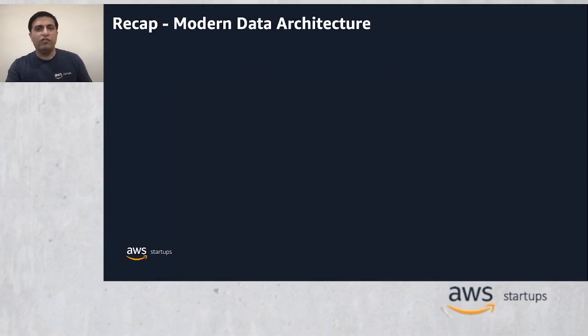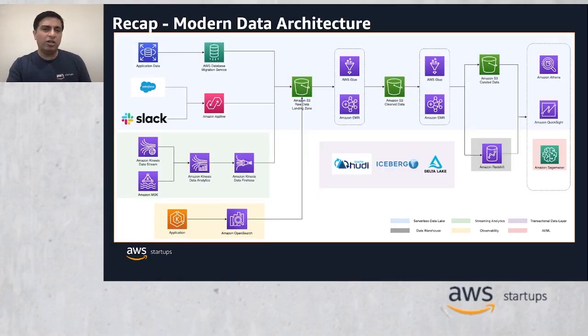In the previous video of Analytics Bytes series, we talked about modern data architecture and various segments of modern data architecture such as serverless data lake, streaming data ingestion, transactional data lake, Redshift, and how to prepare data for machine learning using Amazon SageMaker.